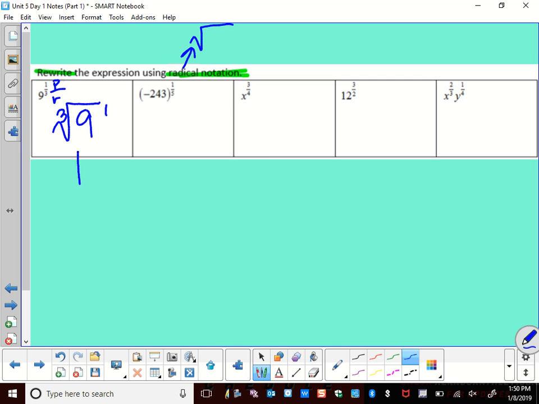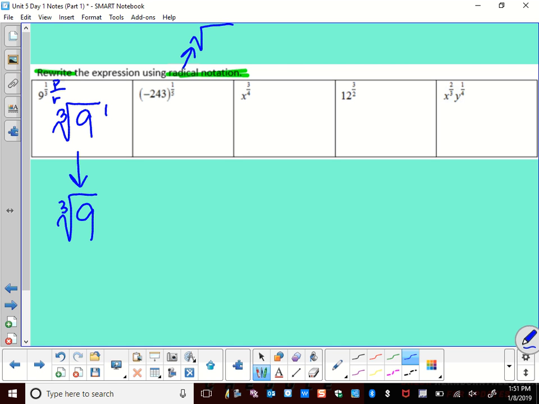If you wrote this problem like this, nothing's wrong with that. Same thing. I didn't have to write that 1 because it's understood. All right.